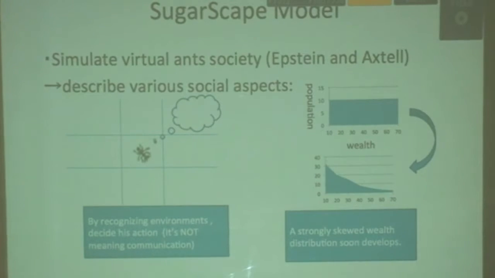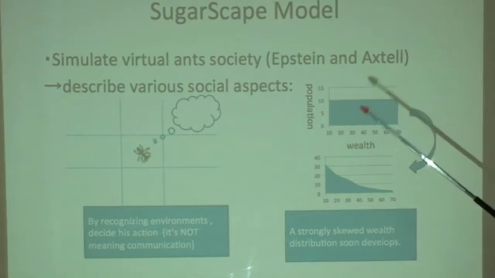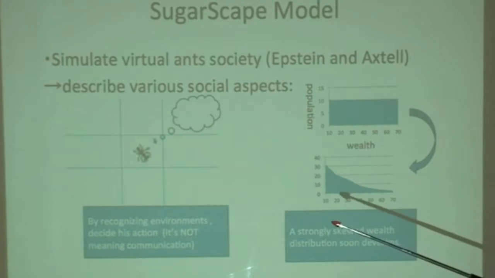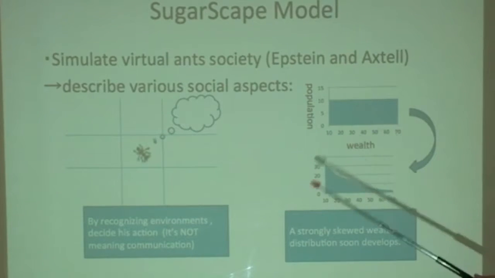Okay, I want to start my presentation about Sugarscape models. This Sugarscape model simulates a virtual ant society. In this society, ants eat sugar to survive, and each ant has some rules for searching sugar. In this simulation, various social aspects are described, like recognizing the environment and deciding an action.